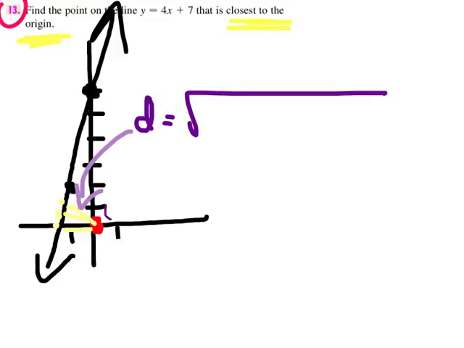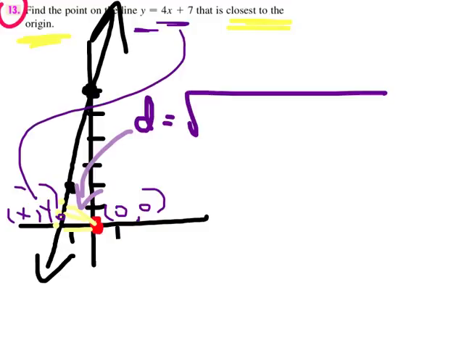Now, let's keep in mind what these points are. This is the origin. And you're probably thinking, okay, well, what is this point over here? Because we don't know. Well, you don't know what the x value is, and you don't know what the y value is, but you do know that y is 4x plus 7.